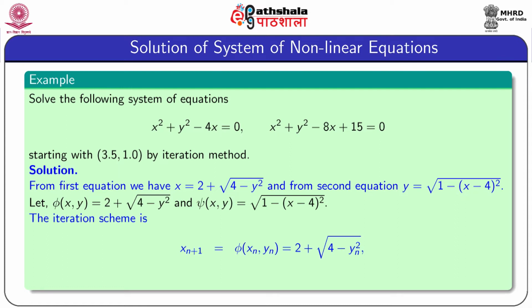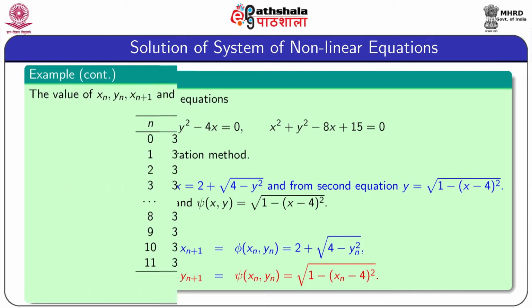The iteration scheme is xn plus 1 equal to phi(xn, yn) equal to 2 plus root over 4 minus yn power 2, and the iteration scheme for y is yn plus 1 equal to psi(xn, yn) equal to square root of 1 minus (xn minus 4) power 2. These are the iteration formulas to find the values of x and y.